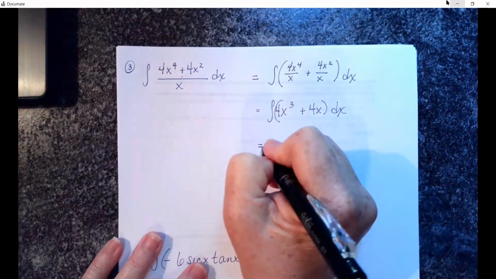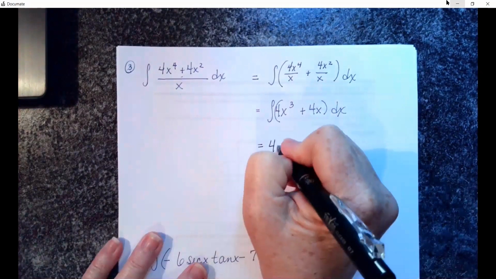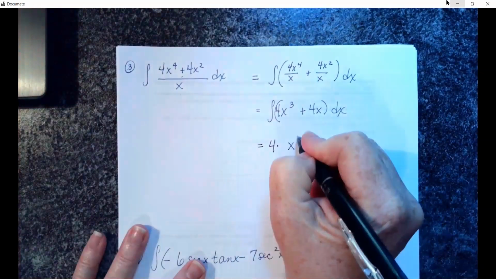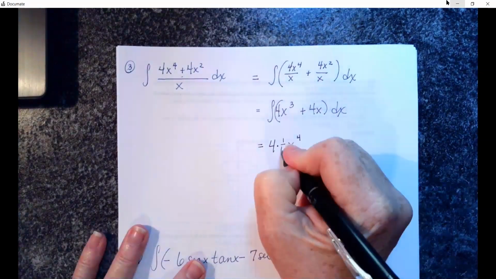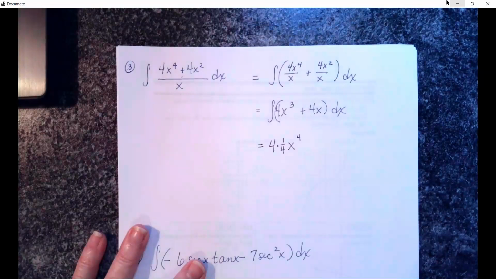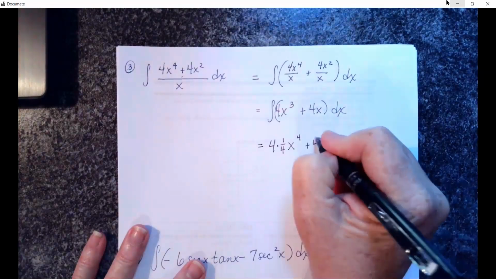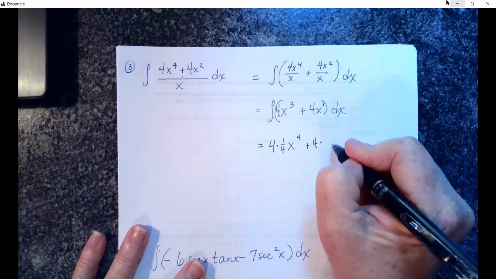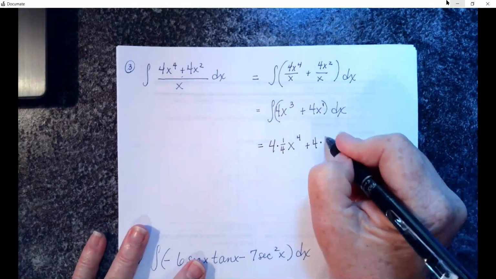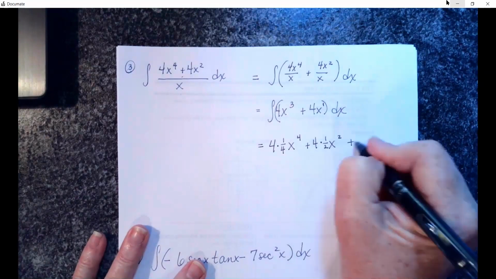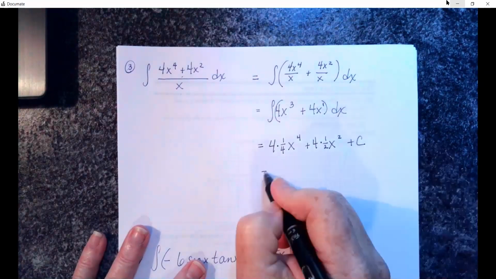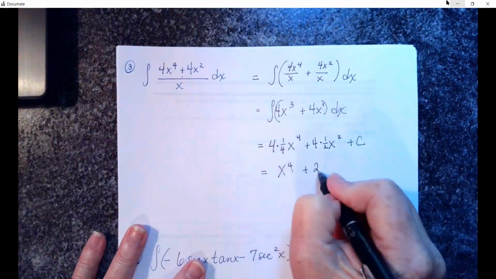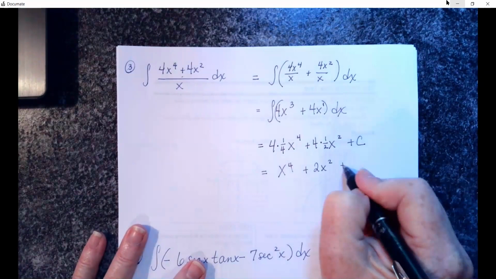So we would have 4 times the integral of x to the third, which is x to the fourth times 1/4, plus 4 times the integral of x, which is x to the first, would be x squared times 1/2. After simplification, we will get x to the fourth plus 2x squared plus c.